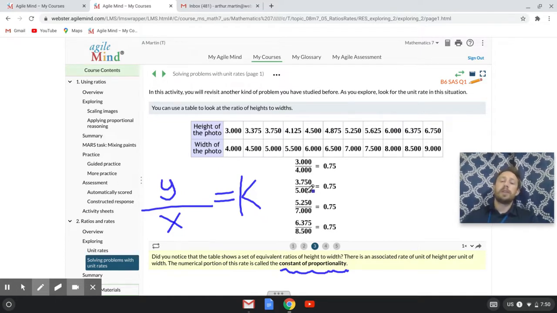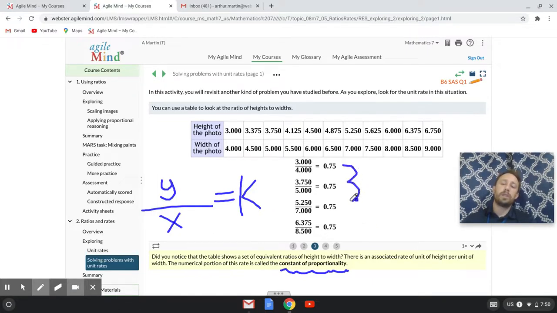In this case, you'll notice that 3 divided by 4 equals 75 hundredths. 3 and 75 hundredths divided by 5 equals 75 hundredths. 5 and 25 hundredths divided by 7 equals 75 hundredths. And 6 and 375 thousandths divided by 8.5, or 8 and 5 tenths, equals 75 hundredths as well. So what you should notice is that since every one of these are alike, we have a constant of proportionality.